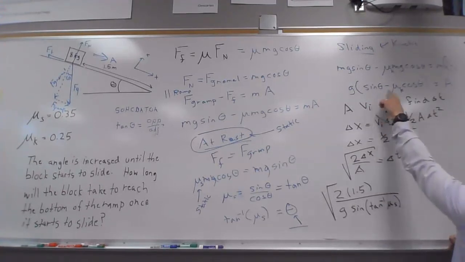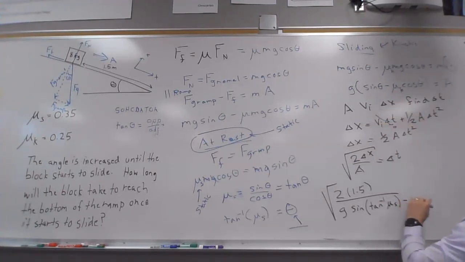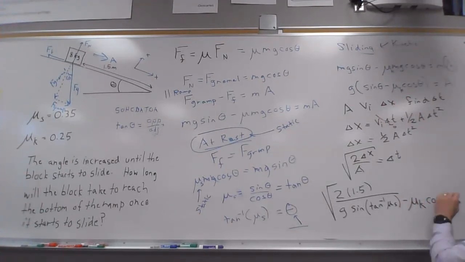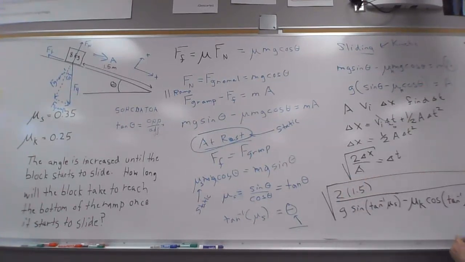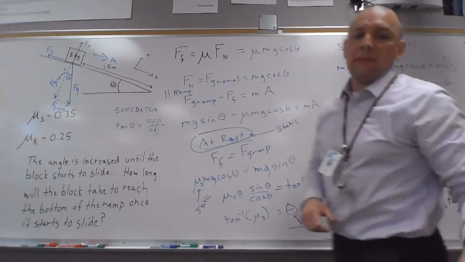So that's the sine. Now we got minus the kinetic coefficient of friction times the cosine of the inverse tangent of our static coefficient of friction. And that's our a. All right, so the next part here is we can put that in and solve it.